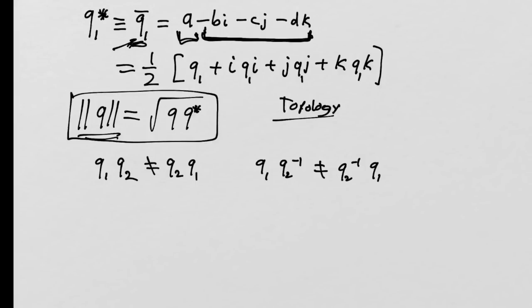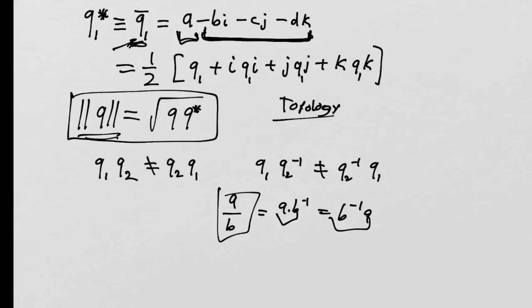So if we were to find division, division can be defined usually as A over B, but it could also be A times B inverse. But as long as A times B inverse equals B inverse times A, then this doesn't have any ambiguity. It doesn't matter because we're dealing with commutative products in this case.